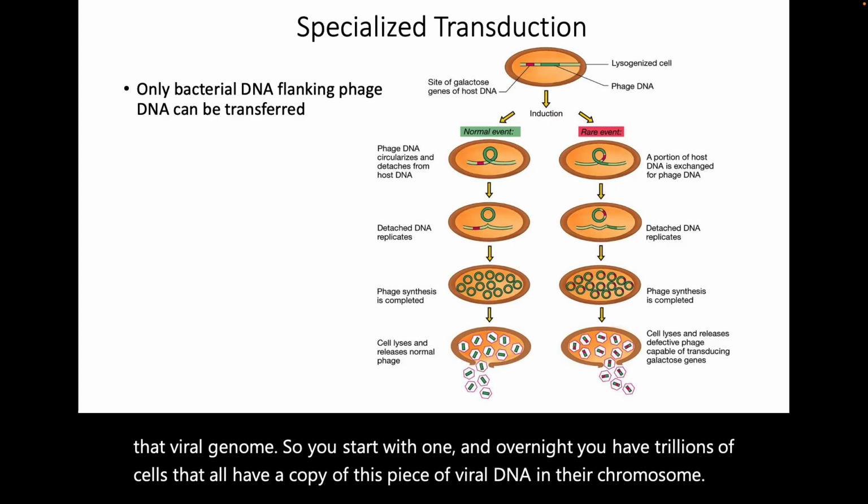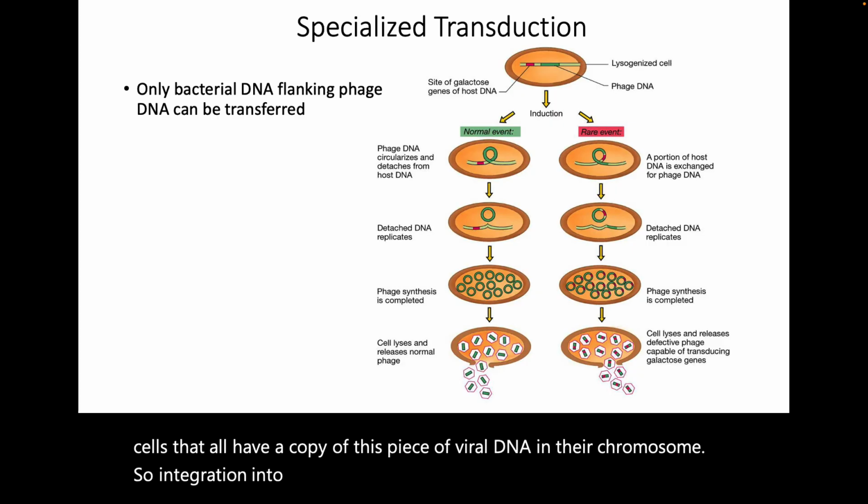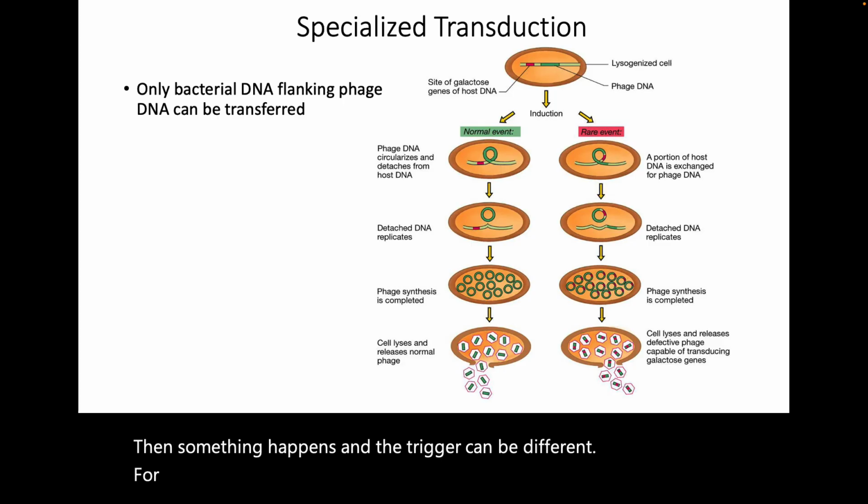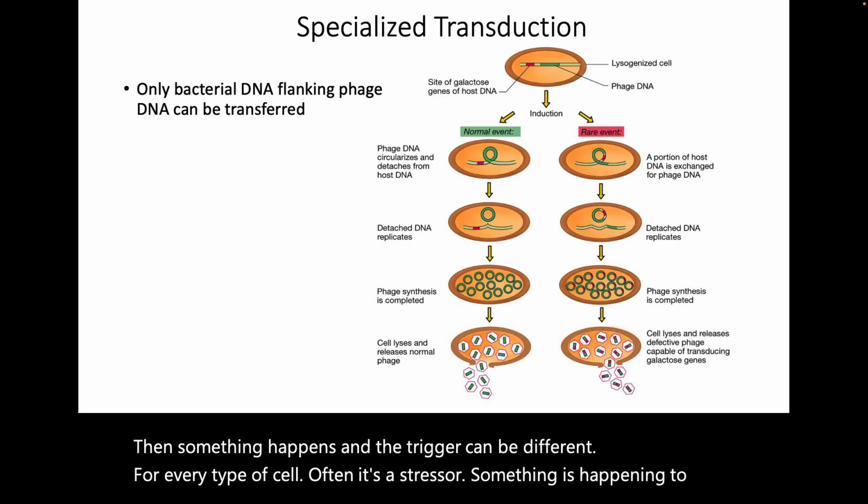So integration into the host chromosome, replication of the host. Then something happens, and the trigger can be different for every type of cell. Often it's a stressor. Something is happening to the population that's causing a little bit of stress.